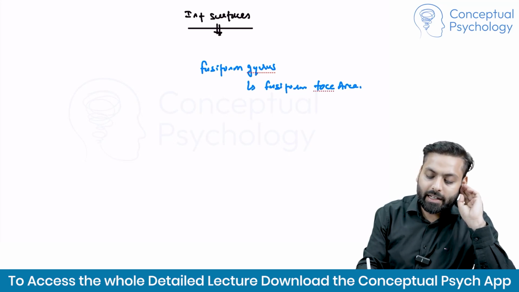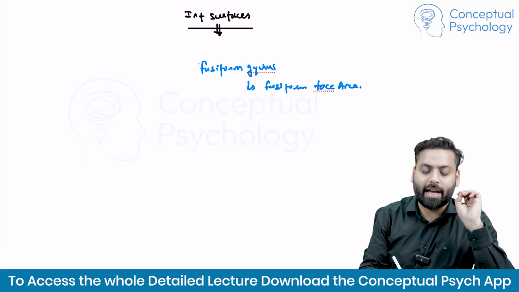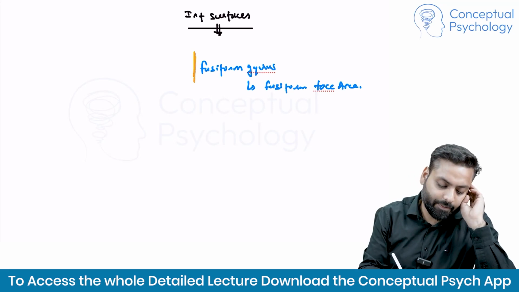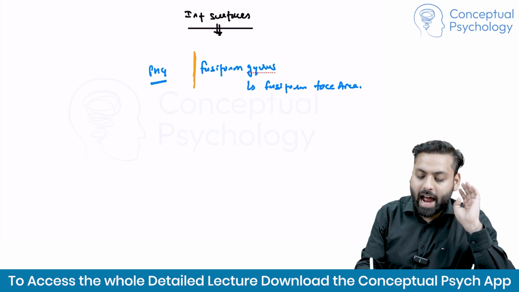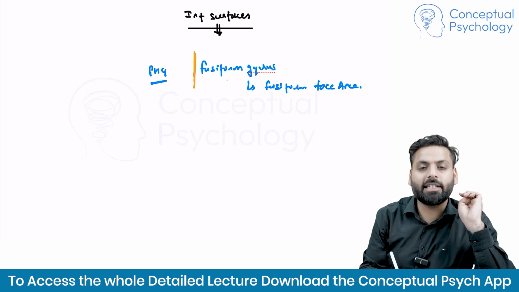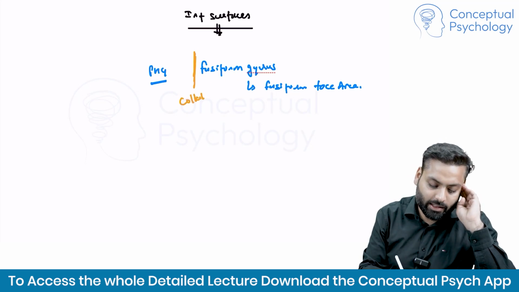This fusiform gyrus is separated from another gyrus, the parahippocampal gyrus.